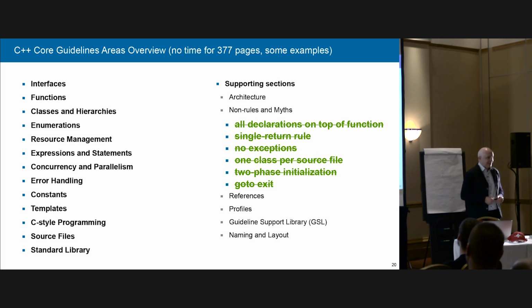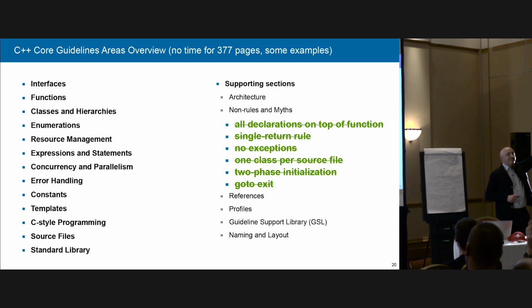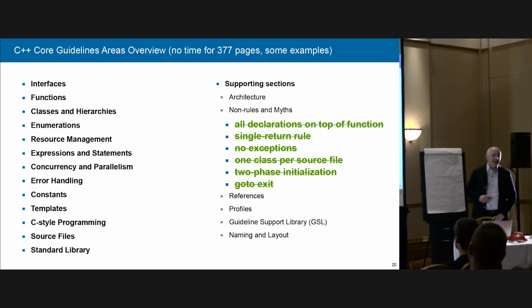No exceptions. Who is not allowed to use exceptions? Okay. I still believe that rule is wrong in most cases where it's applied and enforced. But I understand the situations where it comes from, where there might be runtime overhead from just supporting exceptions.